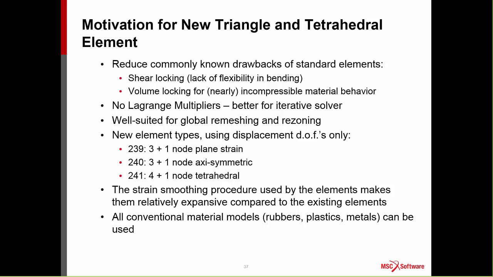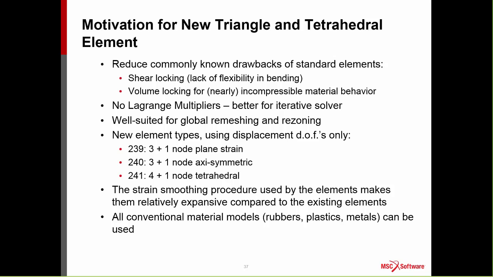They're a new set of triangular and tetrahedral elements, and they've been introduced to overcome some of the shortcomings of the traditional elements. First of all, we know that traditional 3-noded triangles and 4-noded tetrahedral elements give very poor results for incompressible behavior.